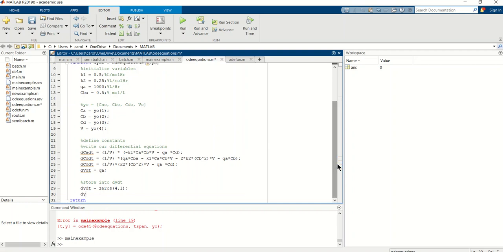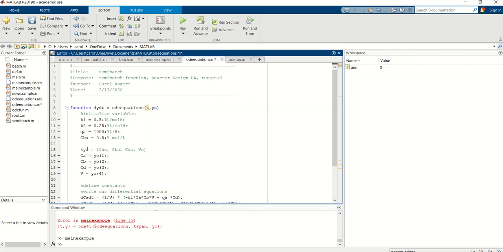So we're going to store them into our output matrix, dy dt at 1, 1 equals dCA dt. And like I said before, we have to store these in the order that it pulls those values out of the y vector.